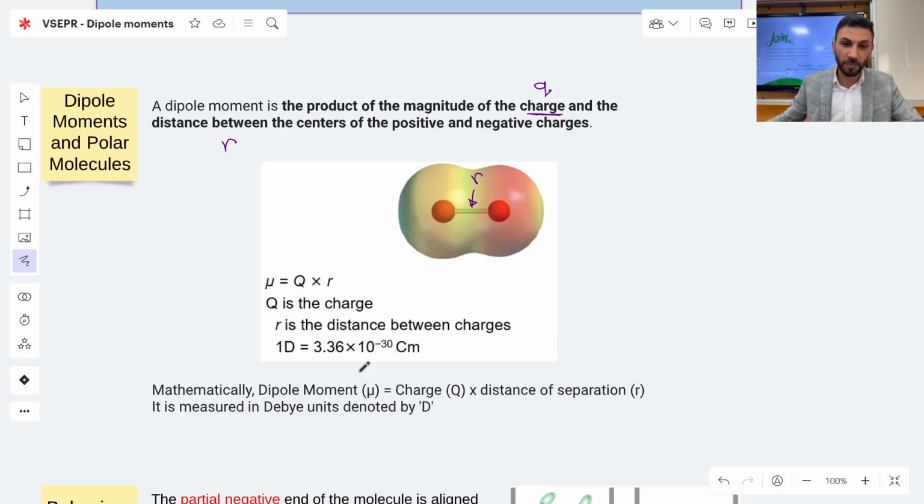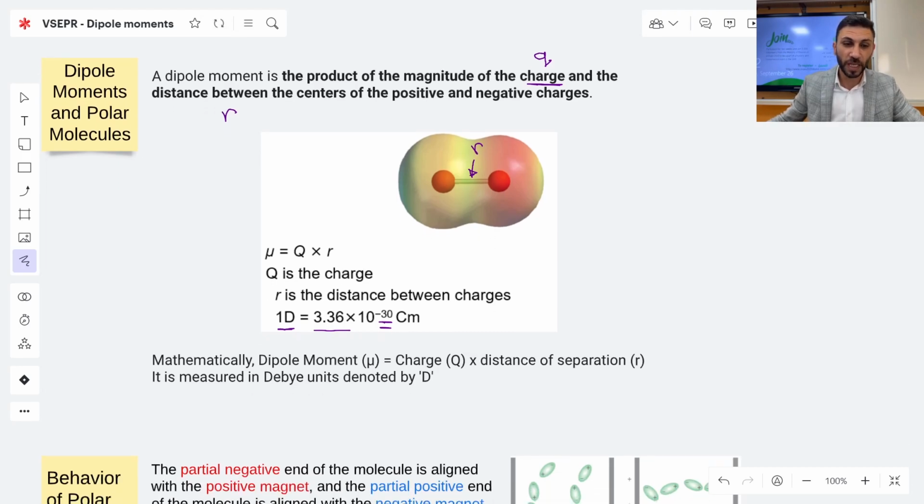And the unit, we call it debye. And 1 debye equals 3.36 times 10 to the power of negative 30 coulomb meter. So mathematically, dipole moment, mu, equals the charge multiplied by the distance, and it's measured in debye units, which is denoted by D.